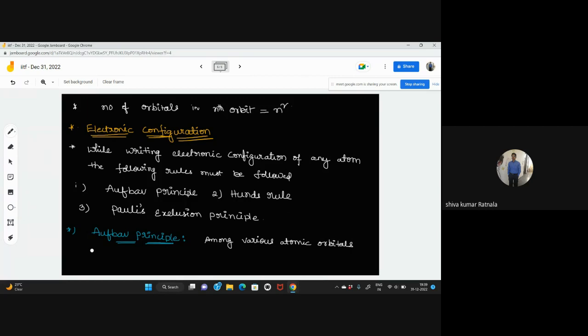The electrons are filled in increasing order of energy level, in increasing order of energy values.